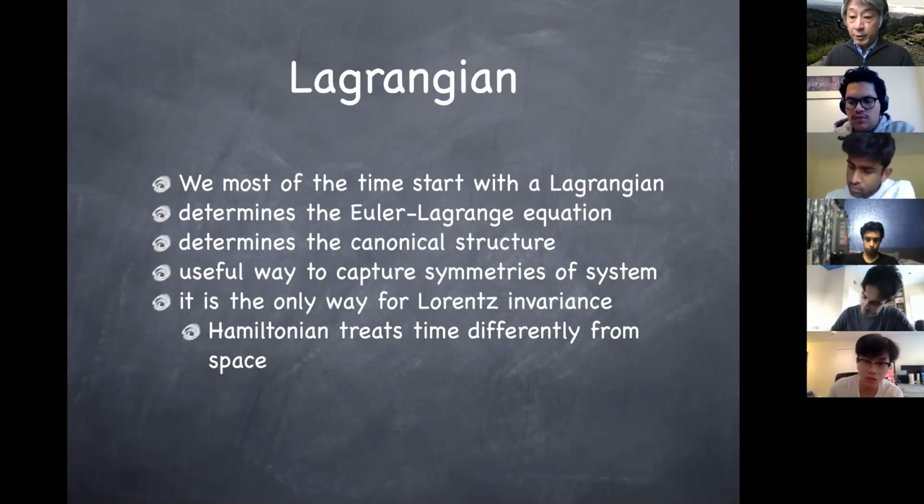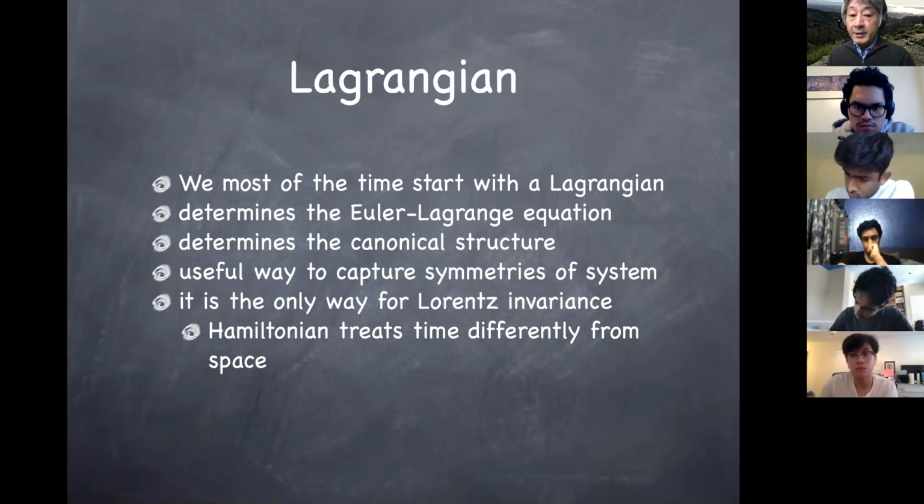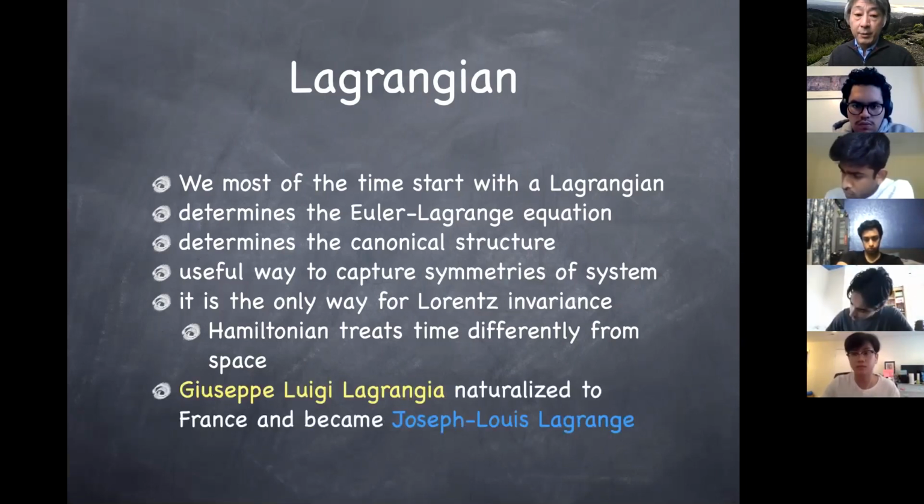That's what the Schrödinger equation says. So the Hamiltonian singles out time. If you use the Hamiltonian formulation, it treats time and space differently, while if you use the Lagrangian, you can treat them on equal footing. That's why we tend to prefer starting with the Lagrangian, not the Hamiltonian.